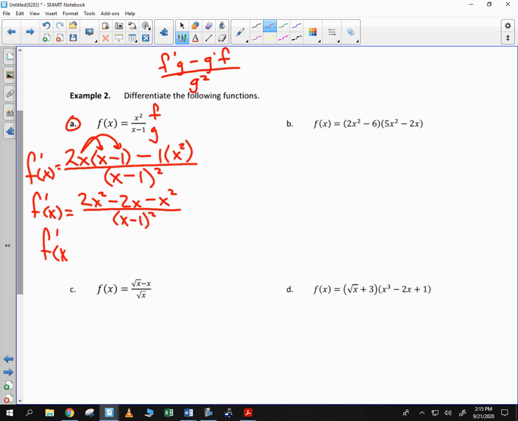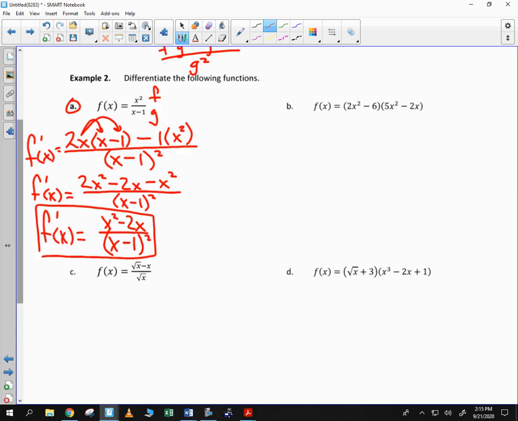So f prime of x is equal to 2x squared minus x squared is just x squared, minus 2x over x minus 1 quantity squared. And that's my derivative. Okay? Derivative of the top times the bottom left alone minus derivative of the bottom times the top left alone divided by the bottom squared.